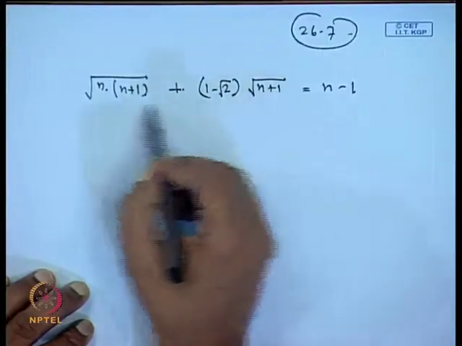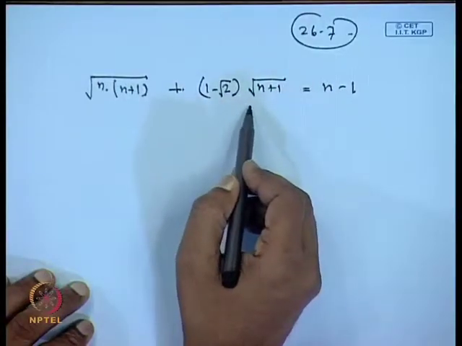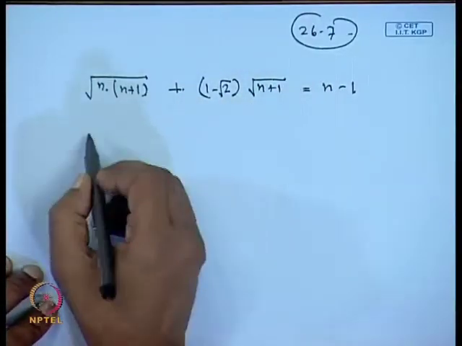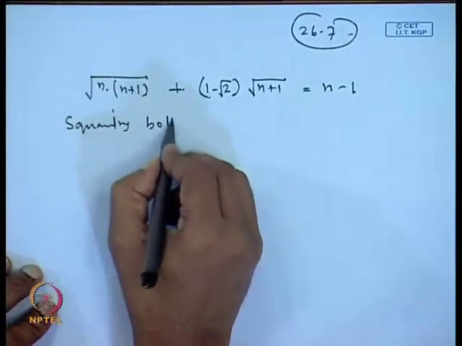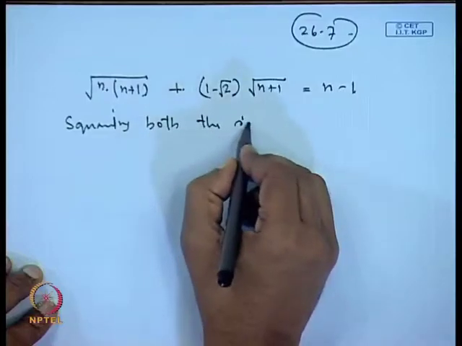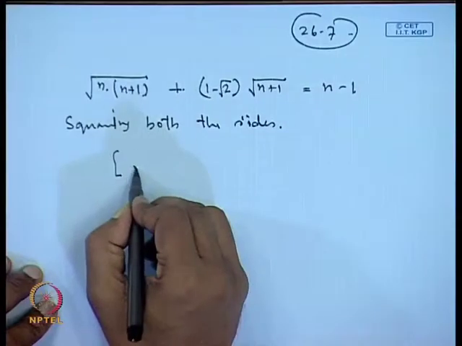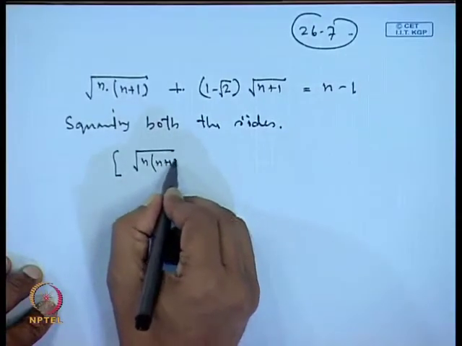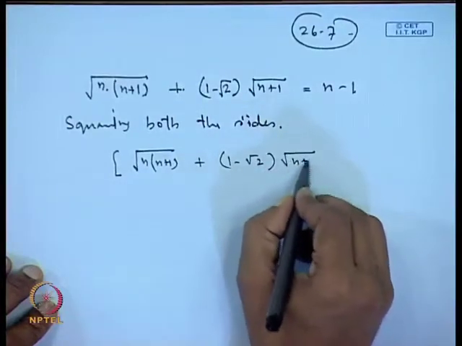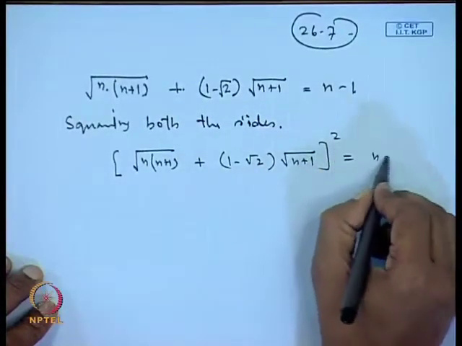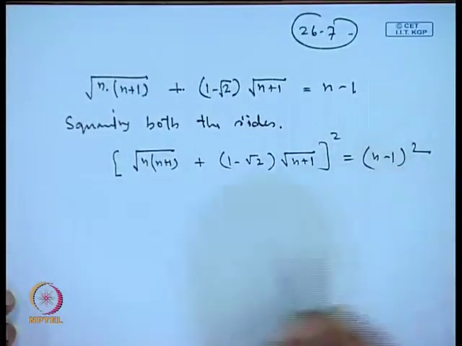And because this contains the square root sign here, we need to eliminate it. So, we need to square both the sides. So, squaring both the sides, n minus 1 whole square. Yes. So, this is n minus 1 square.